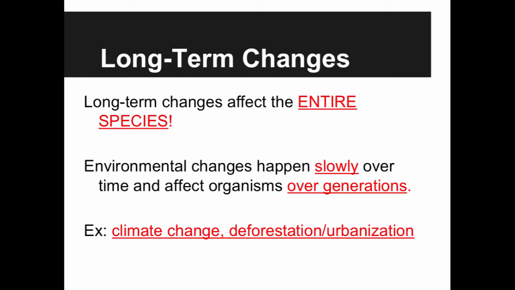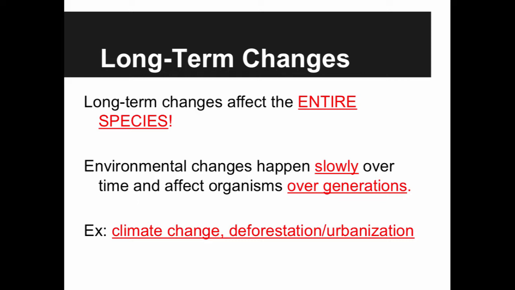So for right now, you're going to lift that first tab up, and we are going to focus on the long-term changes side, which is going to be on the left side. So I need you to write everything that you see here on that first tab. So long-term changes can affect an entire species. And what is important about that is because they are long-term environmental changes, that means it's not going to affect just one individual organism.